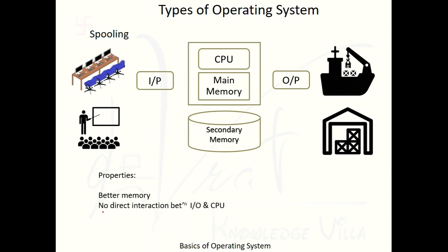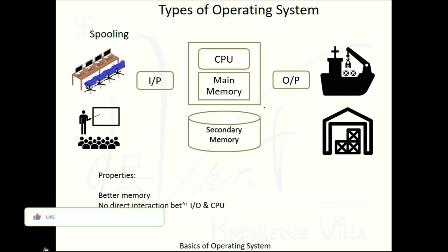The next property is no direct interaction between IO and CPU. If you look at the earlier system like the batch operating system, input output devices communicate directly with the processor. Get it? But right now IO devices have no interaction with the processor.